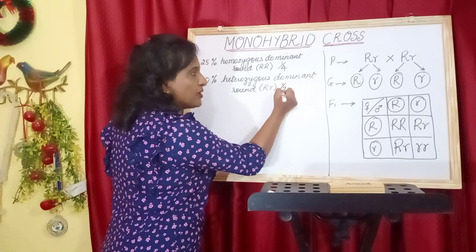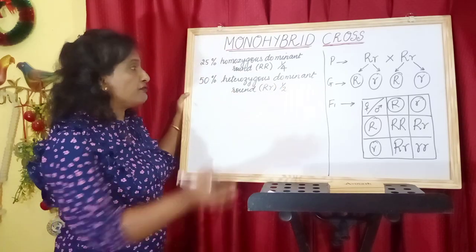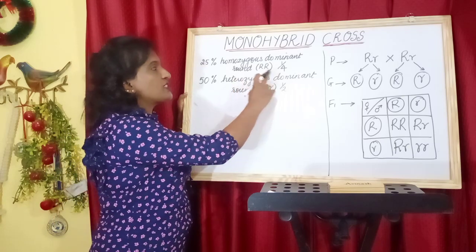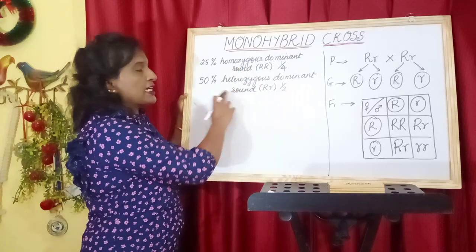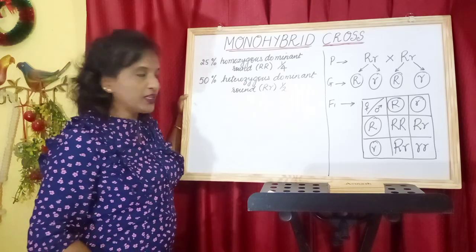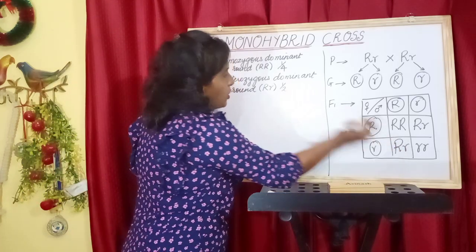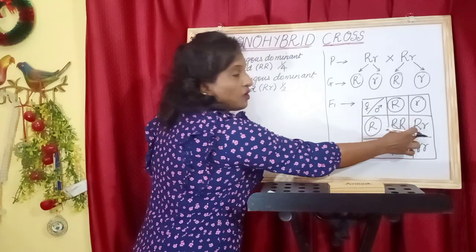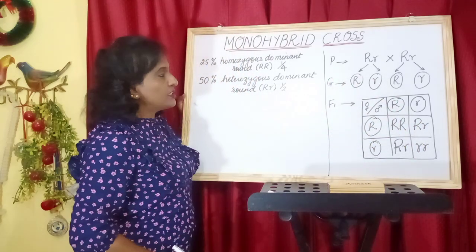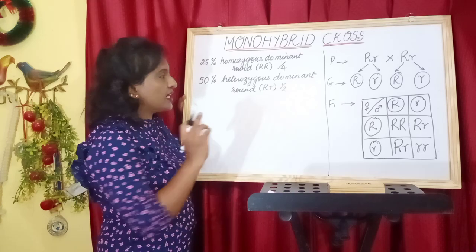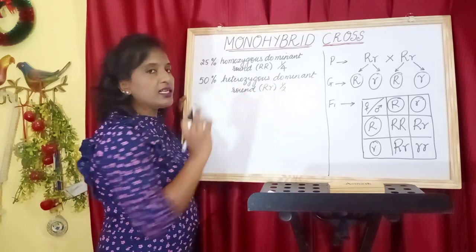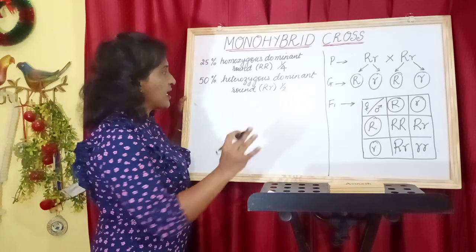So half of the individuals are heterozygous dominant round seeded plants. I have written here capital R, small r. There are 2 offspring having these particular hybrid alleles, so they are heterozygous dominant round, capital R, small r. Half of the offspring are seen like this.